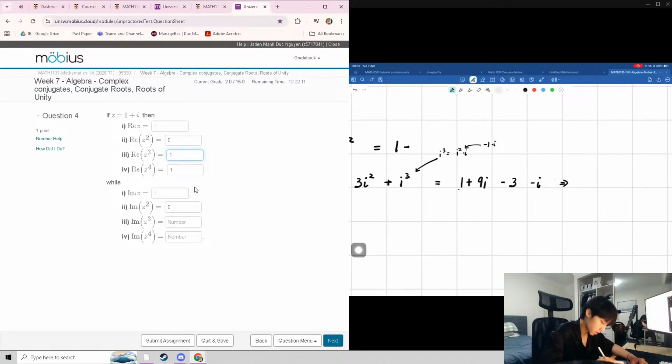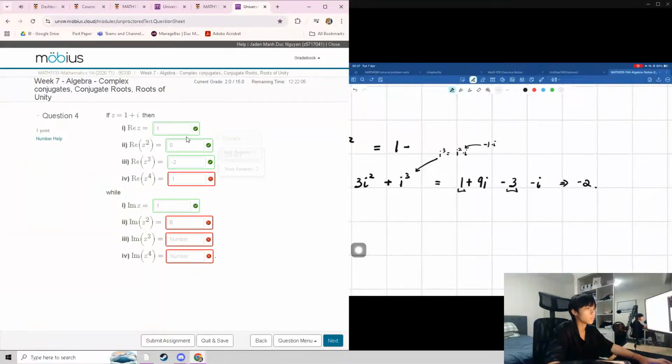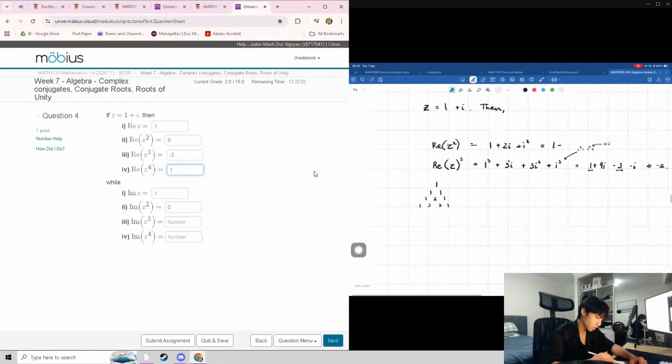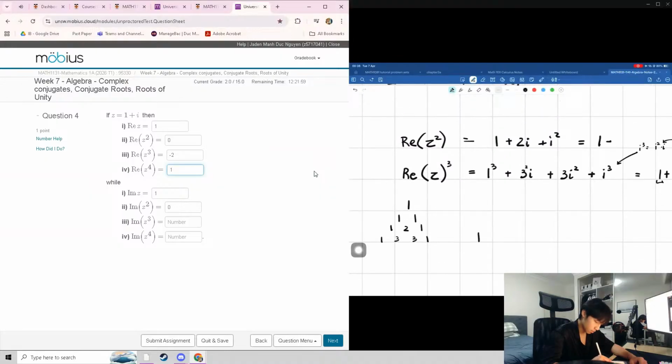What we do get here is these numbers. Let's just check. Yep. And then z to the 4th: 1, 4, 6, 4, 1. 1 plus 4 i plus 6 i squared plus 4 i cubed plus i to the 4th.